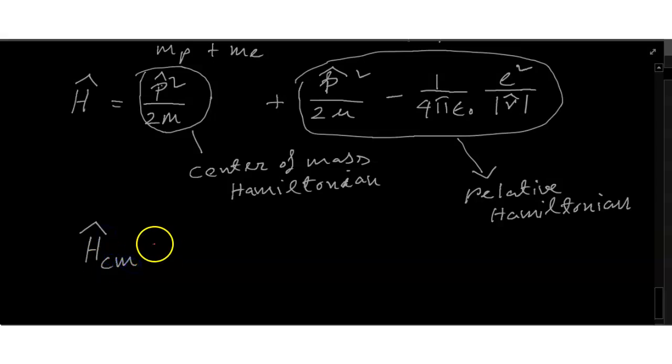H CM equals capital P squared divided by 2 capital M. It looks like the Hamiltonian of a single particle of total mass capital M. Therefore, we can think of it as describing the motion of a fictitious particle whose mass is the total mass of the system.